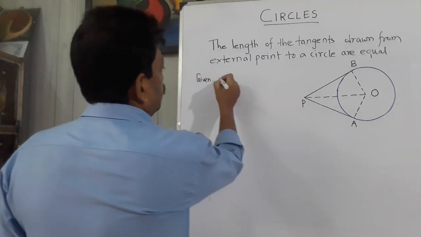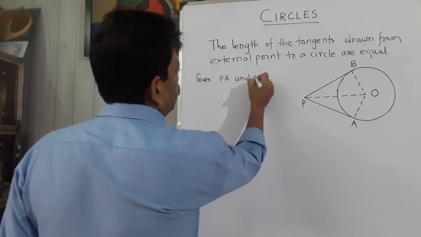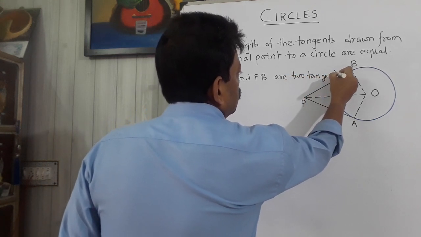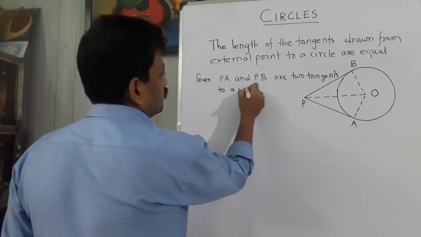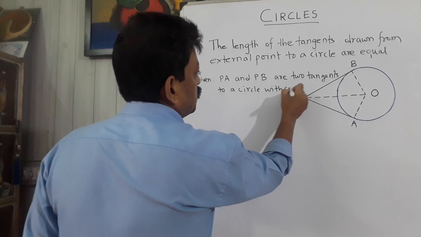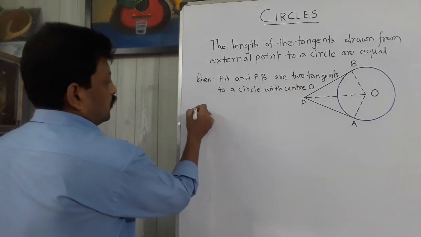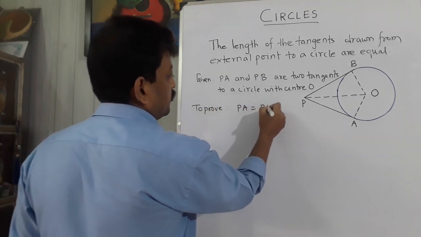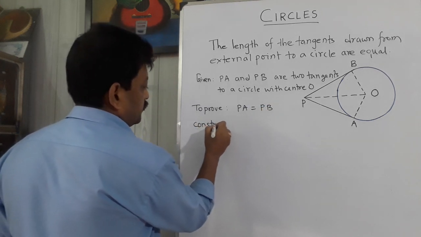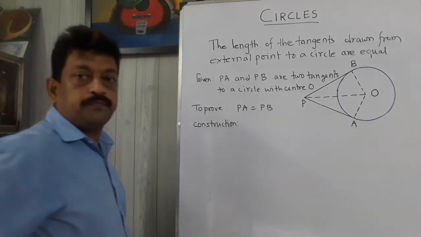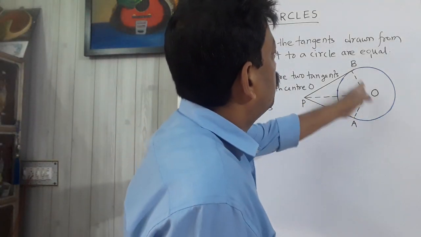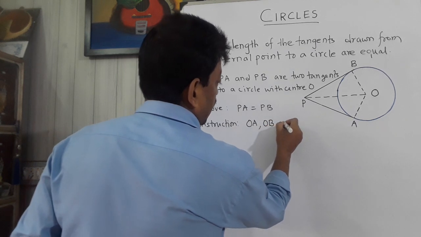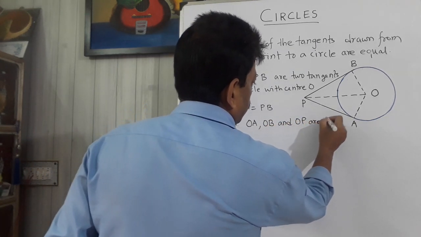Given: PA and PB are two tangents to a circle with center O. To prove: PA equals PB. Construction: OA, OB and OP are drawn.